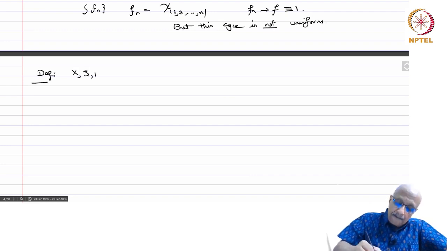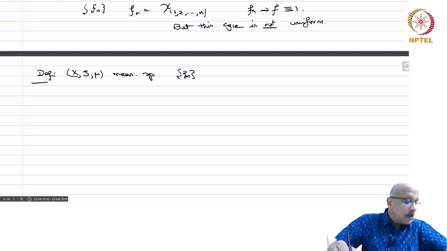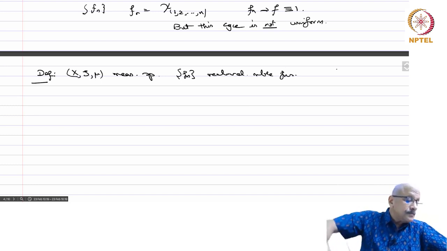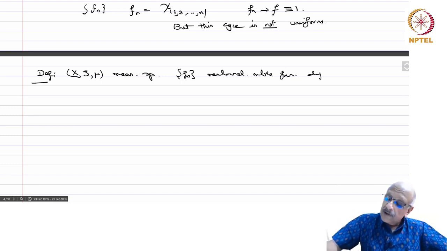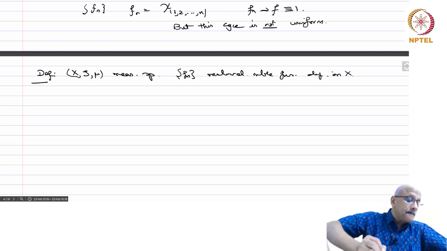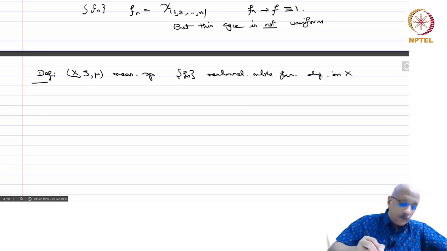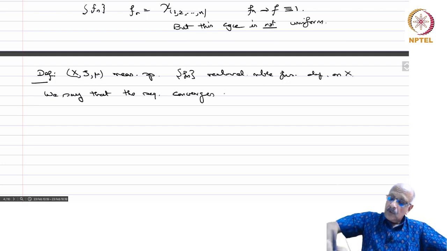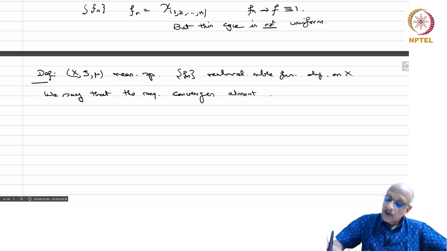Let X, S, mu be a measure space, and f_n real valued measurable functions defined on X. We say that the sequence converges almost uniformly.